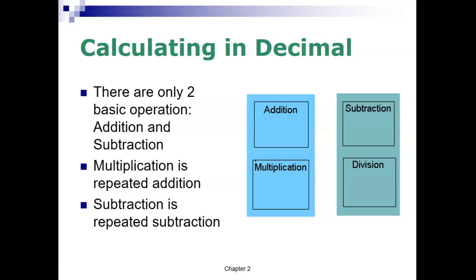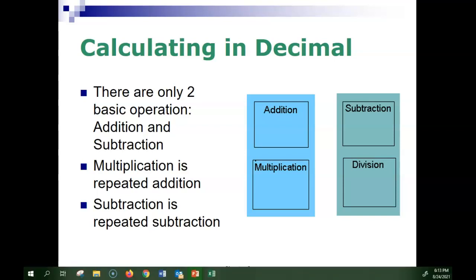You should remember this from elementary or middle school. If you're multiplying, you're just adding the same number to itself over and over again. If you're dividing, you're subtracting over and over again until you have a shape.